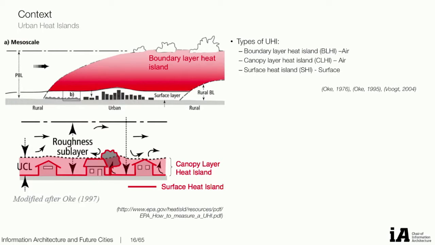We also have the canopy layer heat island, and at the end we also have the surface heat island, which is mainly about the surface, about the materials and the floor, and all of this based on the materials and the elements. The first two are seen as urban heat islands in the air, and the other one is more about the surface.